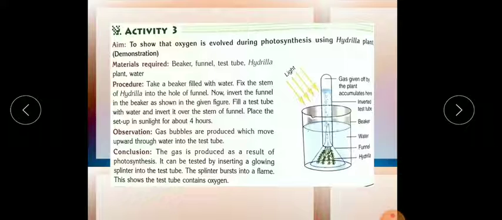Okay, and keep this setup as it is for 4 hours. All right, so what will you observe after 4 hours, or 4 to 5 hours? The bubbles are coming out. So we can easily see that bubbles will come out, and what is the conclusion, what is the result? The gas is produced as a result of photosynthesis.